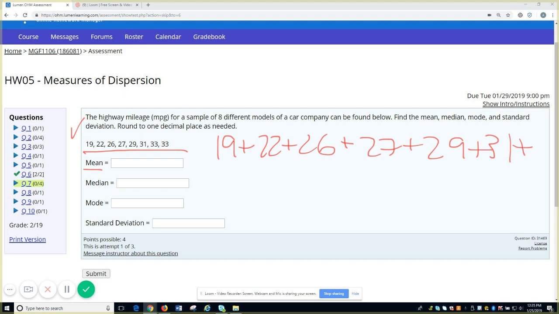Right, so my sum for the mean is 220, and then I'm going to divide it by 8. Okay, so the mean that I have is 27.5.